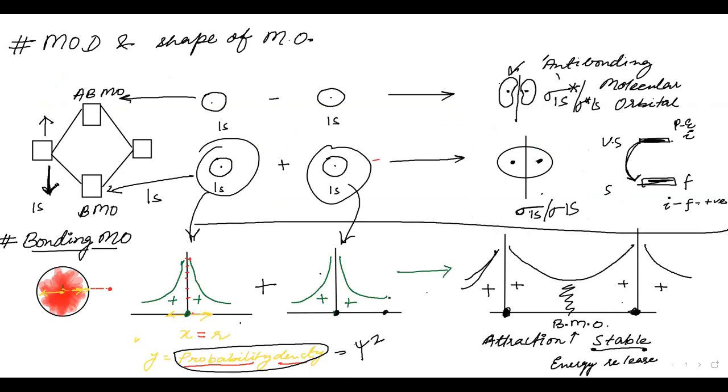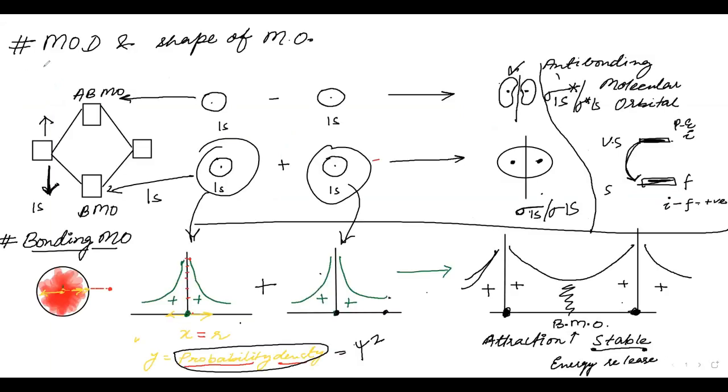The next one that I am giving, you have to make these two. In the next page, leave a page for 2s 2s LCAO. We did this for 1s, 1s, linear combination of atomic orbitals.